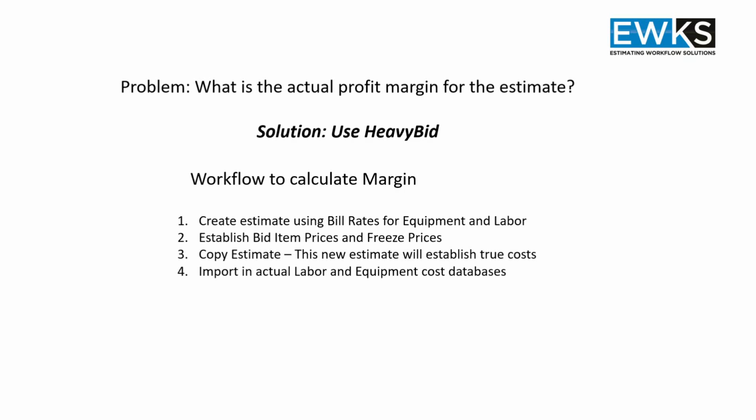We're going to swap them out for the actual labor and equipment cost. So the actual margin would be the bid total, which we've already established in the previous estimate and copied so that it remains current, minus the current cost, which would be real cost, divided by bid total times 100, which will give us the actual margin percent.